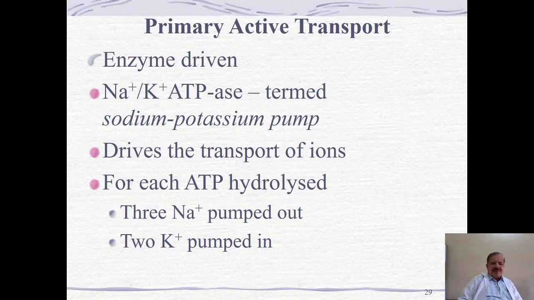For each ATP hydrolyzed, 3 sodium ions are pumped out and 2 potassium ions are pumped in. Sodium ion goes outside the cell. Potassium ion is brought inside the cell. This is by the help of the sodium potassium pump, where to get the energy there should be hydrolysis of the phosphate bonds.